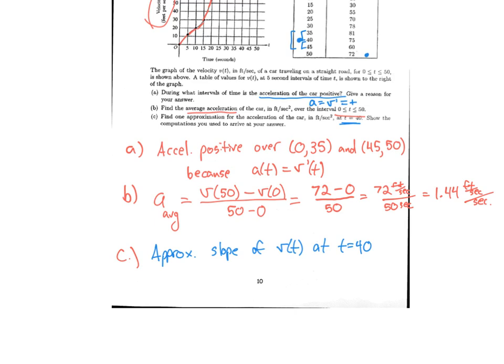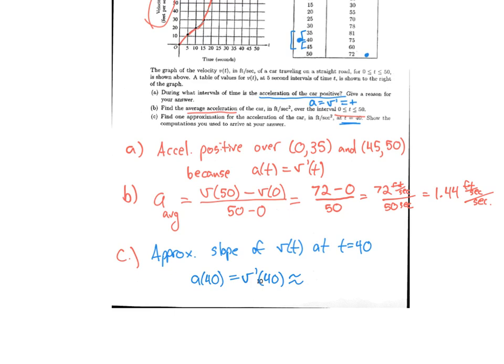So let's just find the approximate acceleration. Excuse me, that's not the right way to write it. The approximate acceleration, which is the approximate slope of velocity at 40, which would be approximately equal to, and what I'm going to do is take a look at the slope between 35 and 40.